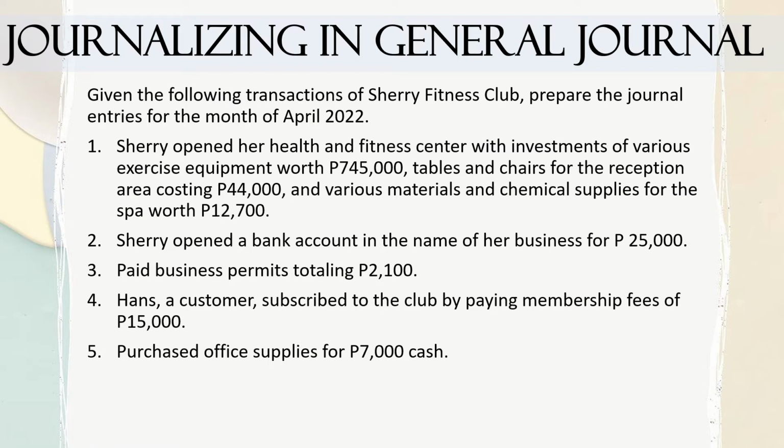1. Sherry opened her health and fitness center with investments of various exercise equipment worth 745,000 pesos, tables and chairs for the reception area costing 44,000, and various materials and chemical supplies for the spa worth 12,700. Next, Sherry opened a bank account in the name of her business for 25,000 pesos.